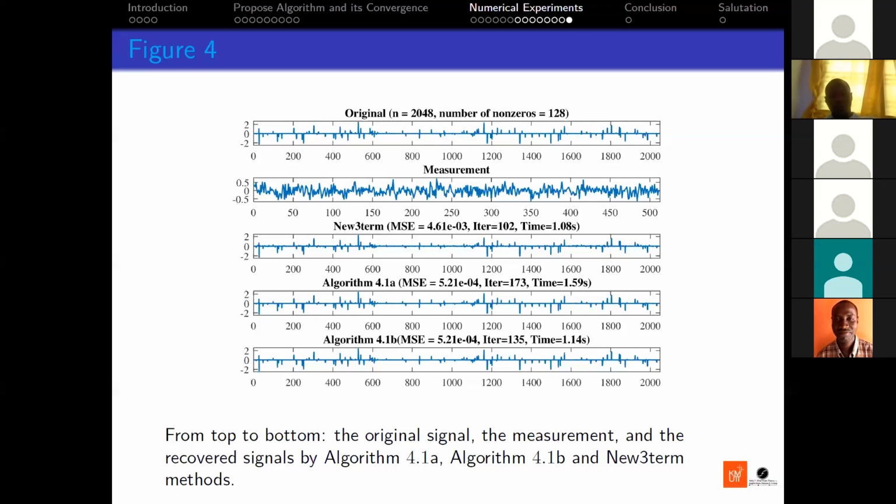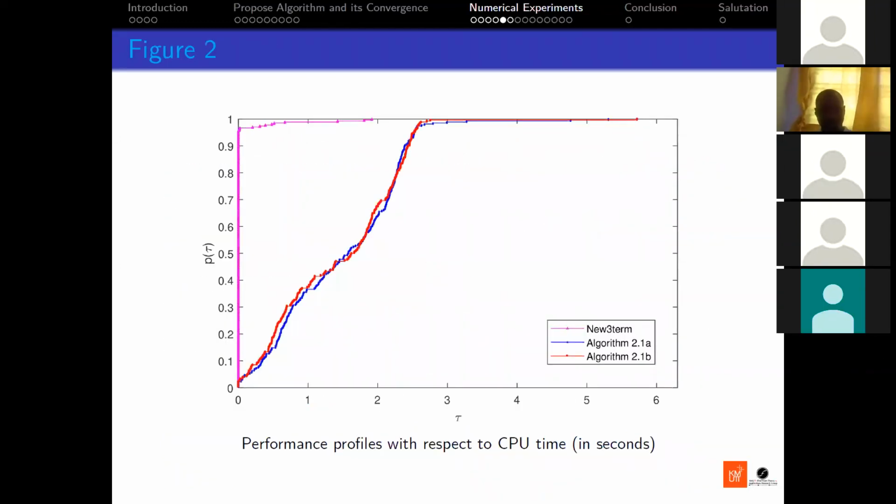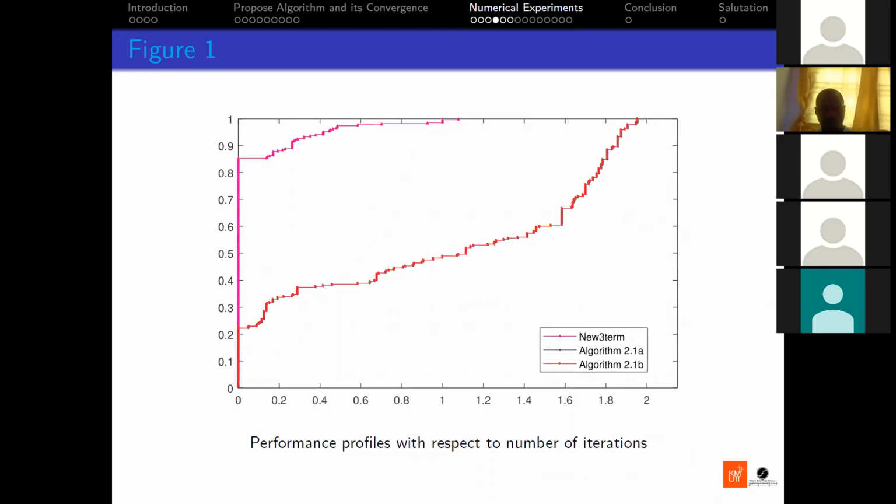It looks like the error graph. Not this one. Could you please show me? No, before this, figure one. Not the previous one. Yeah, this one.